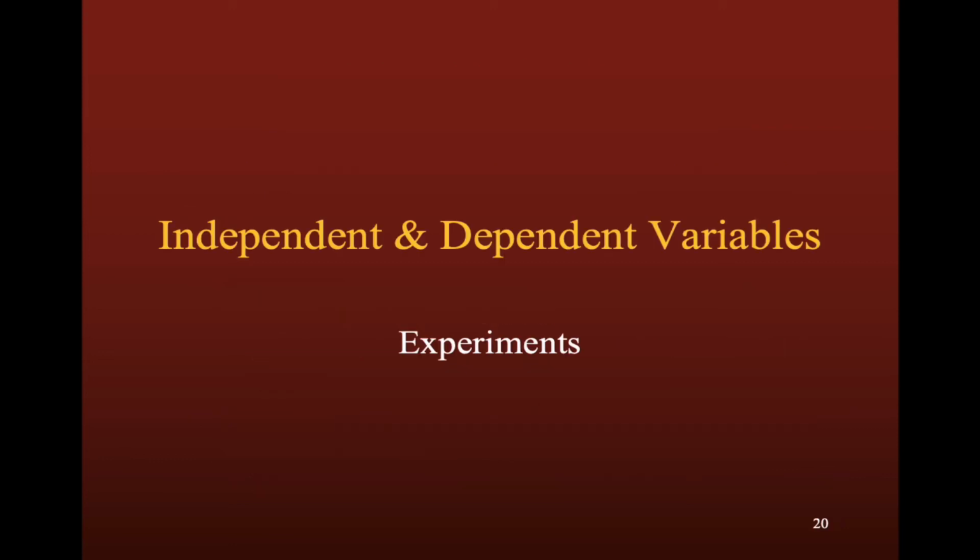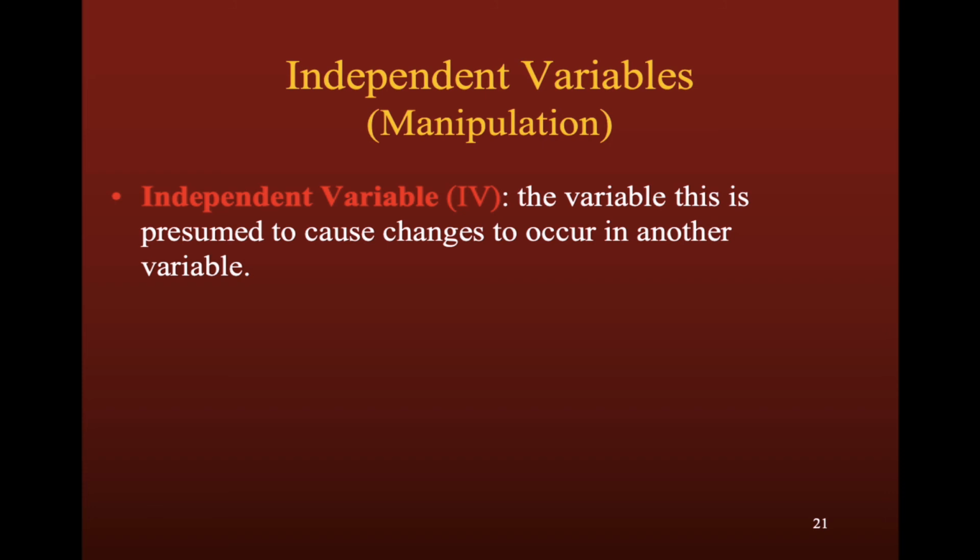All right, so hopefully you have a basic understanding of conceptual and operational variables. So now I'm going to weave that into a discussion of independent and dependent variables. Now we've talked about these variables already, so this should be a relatively straightforward discussion, right? So when you're doing an experiment, the independent variable is the variable that you think is having an effect on some other variable. And always remember that the independent variable is what's being manipulated.